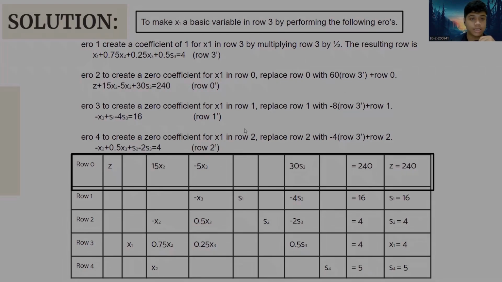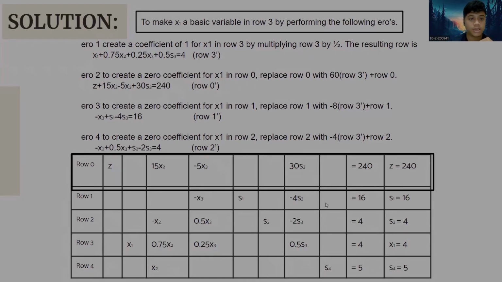We get z plus 15x2 minus 5x3 plus 30s3 equals 240, as in row 0. For ERO 3, we create a zero coefficient for x1 in row 1 by replacing row 1 with negative 8 times row 3 plus row 1. We get negative x3 plus s1 minus 4s3 equals 16.